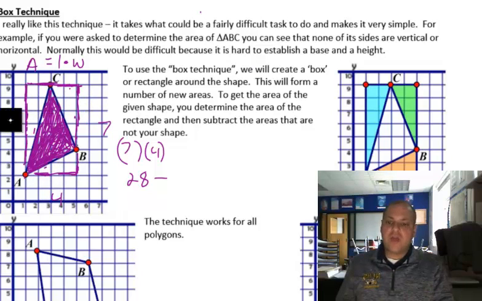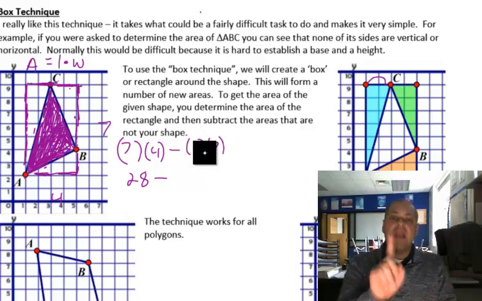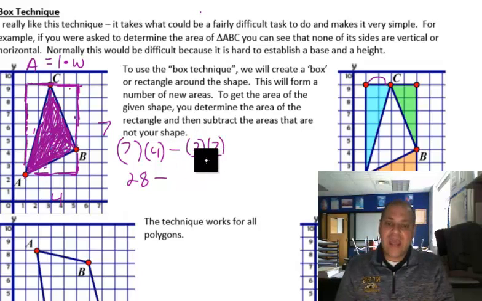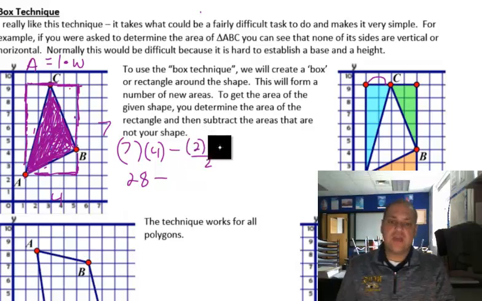So now I have 3 triangles I've got to find the area of. So it's going to be minus. Now how do I find the area of a triangle? I'm going to go over here. This is a 2 by 1, 2, 3, 4, 5, 6, 7. That's a 2 by 7. But it's a triangle, so I've got to do half: 1/2 of 2 times 7, or divide by 2.